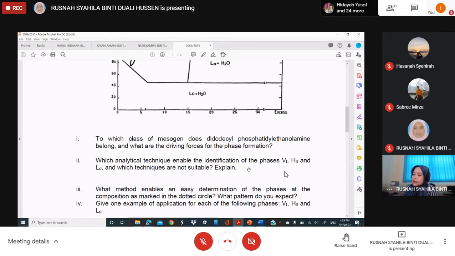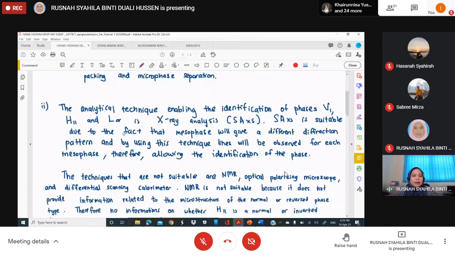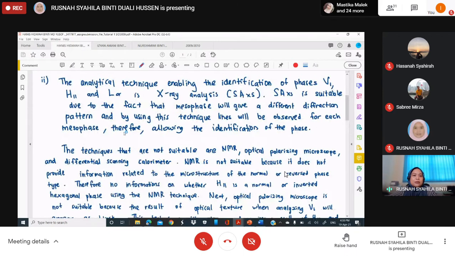And then maybe you can say that X-ray analysis will be the best to identify the cubic phase.